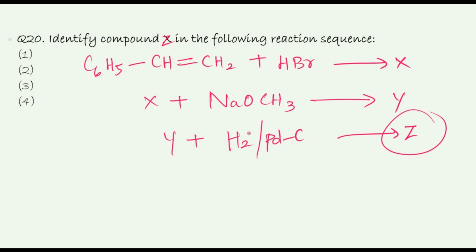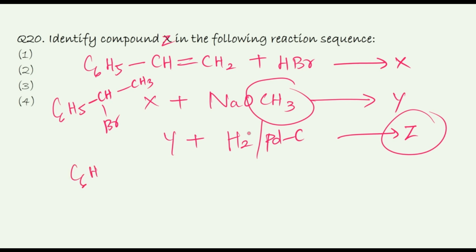First thing first, what will happen if I add one equivalent of HBr to this compound, styrene? It will follow Markovnikov's rule, the rich gets richer. So it will form C6H5CHBrCH3, correct? With excess NaOCH3, it will undergo nucleophilic substitution SN2, where the methoxide ion displaces bromine.